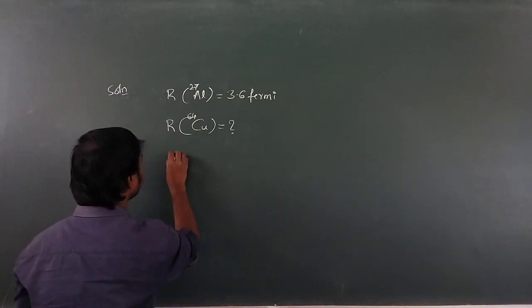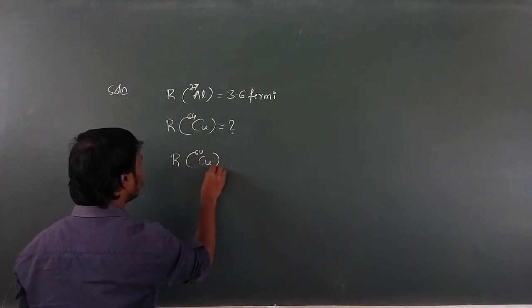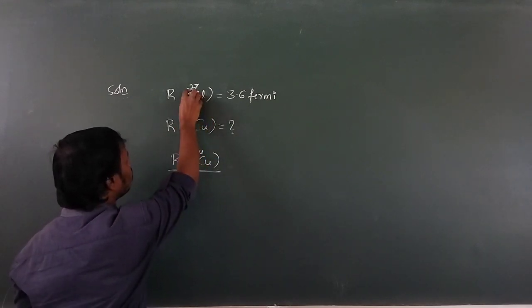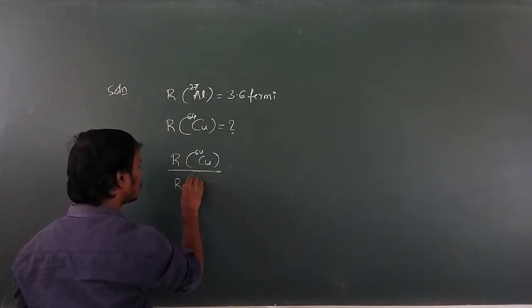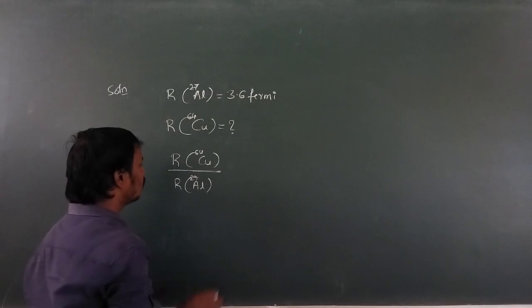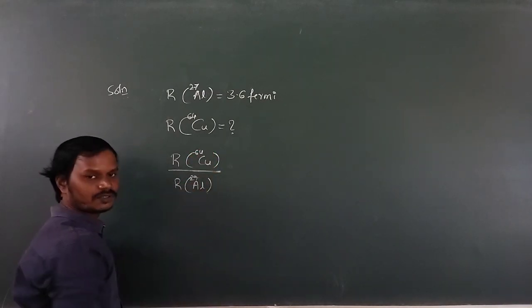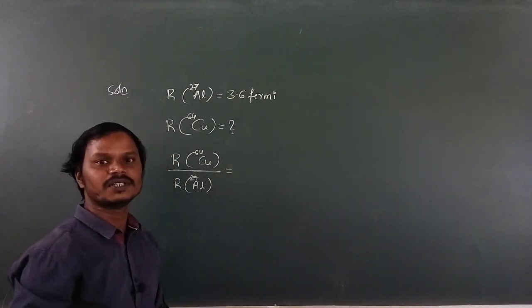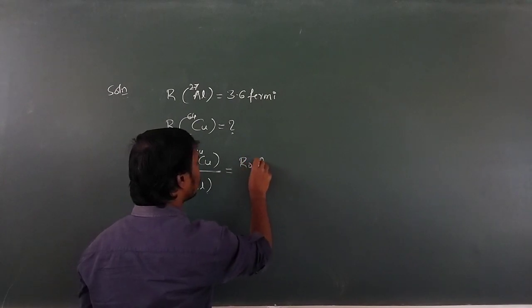Let us take the ratio of the radius of copper-64 and the radius of aluminum-27. What is the expression for the radius of a nucleus? That is R0 into A to the power of 1 by 3.